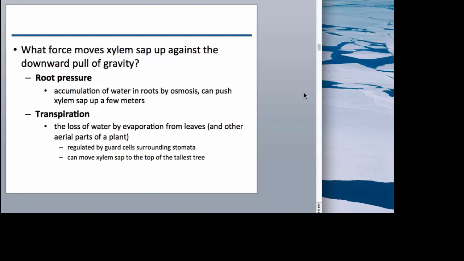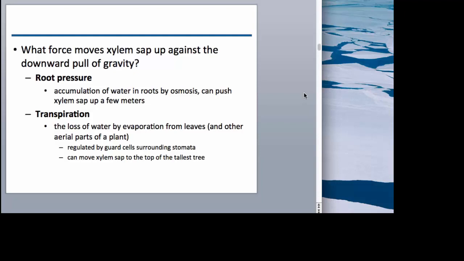As you see here, I have noted the xylem sap is only going to move a couple of meters with the root pressure alone. It's going to need help. The biggest help it has is transpiration. So transpiration is literally just the evaporation of water from the leaves of the plant. Now, under normal circumstances, we would think about this as being bad, right?